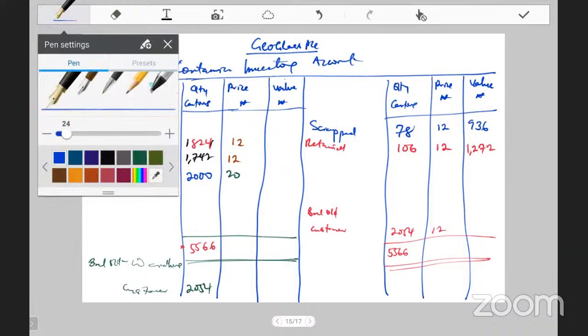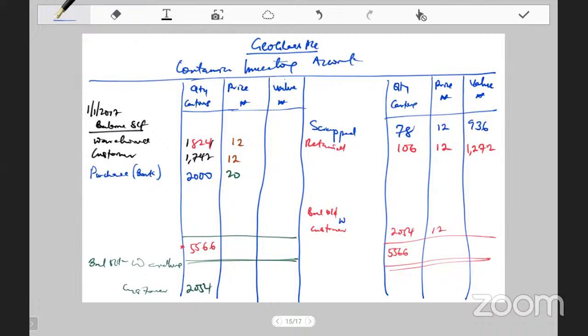So how much will I have left in the warehouse? 5,566 minus 78 minus 106 minus 2054.